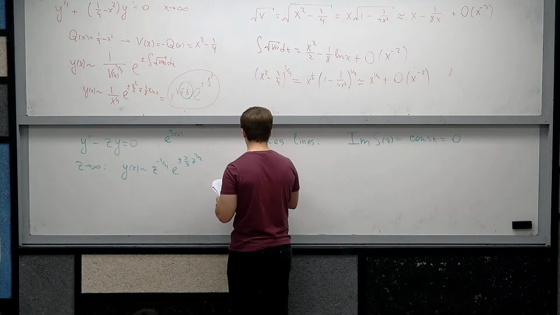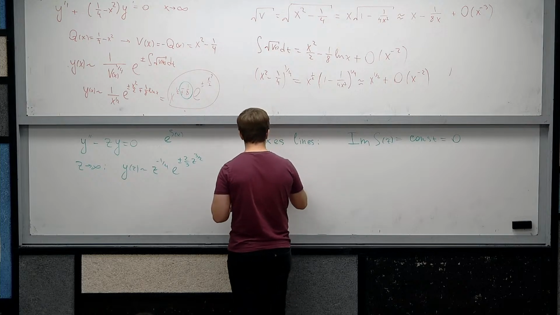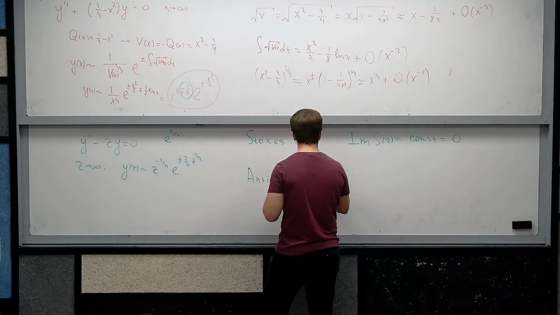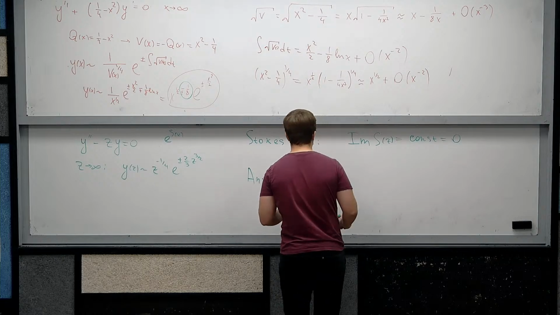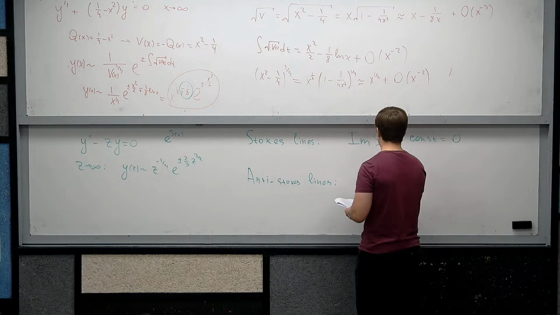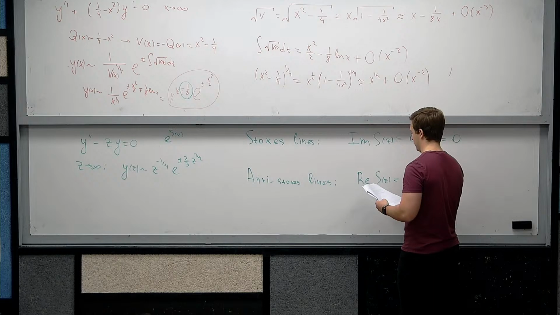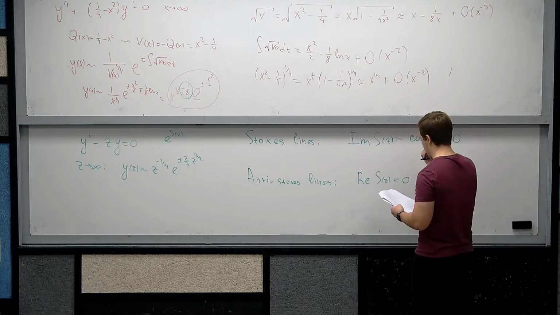And the anti-Stokes lines, in opposite, along these lines the real part of s is 0. Again, a constant, but we define it as 0.